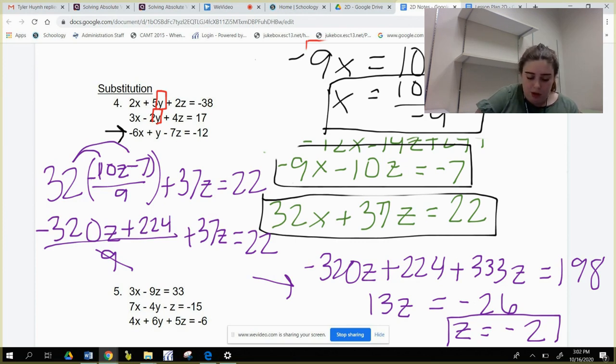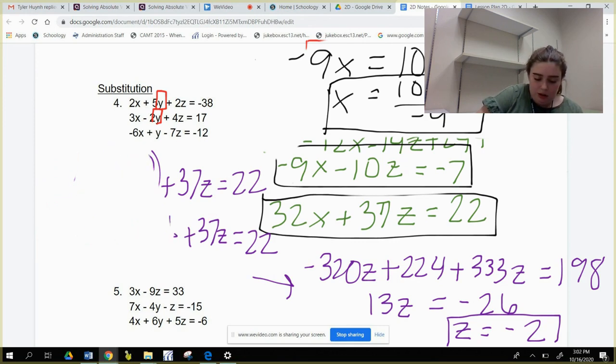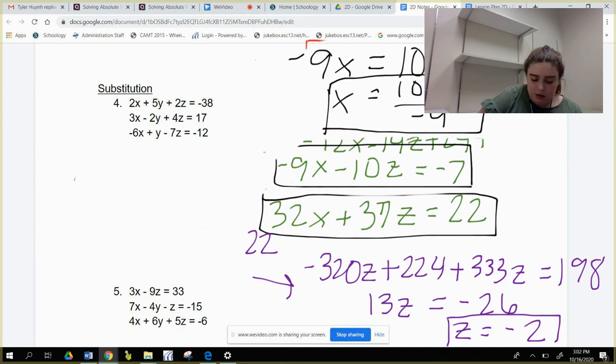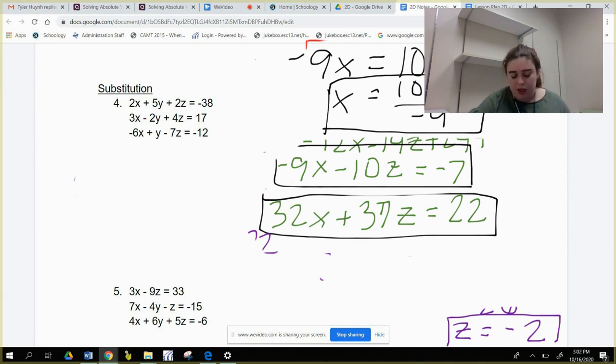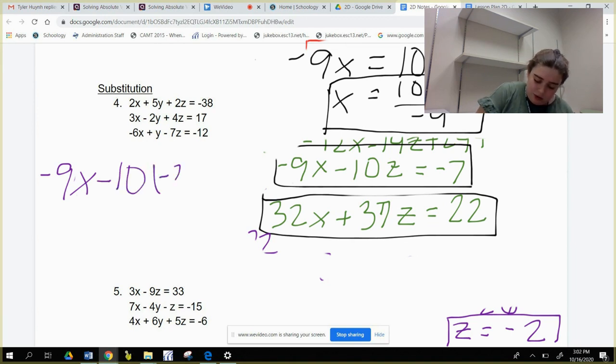So let me erase my work a little bit so we can see what's going on. So we're going to use that z equals negative 2, and let's plug it into the top equation in green, boxed in with black. So plug that in, and then we'll solve for x, okay? So let's see, we have negative 9x minus 10, and then for z we have negative 2 equals negative 7. All right, negative 10 times negative 2, that's going to be positive 20.